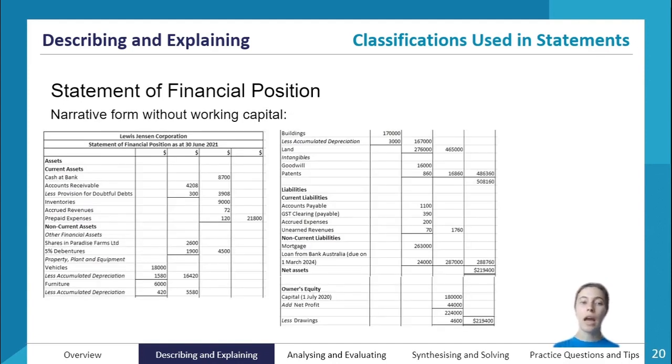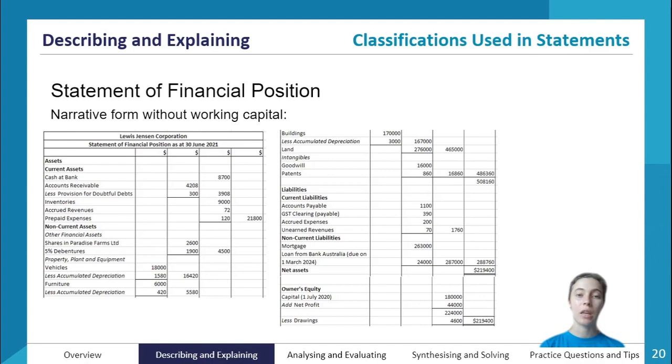So first of all, narrative form without working capital. When we think of this narrative form, I suppose it's longer. You're displaying it all out in more of a fashion that it's only sort of one column going down.